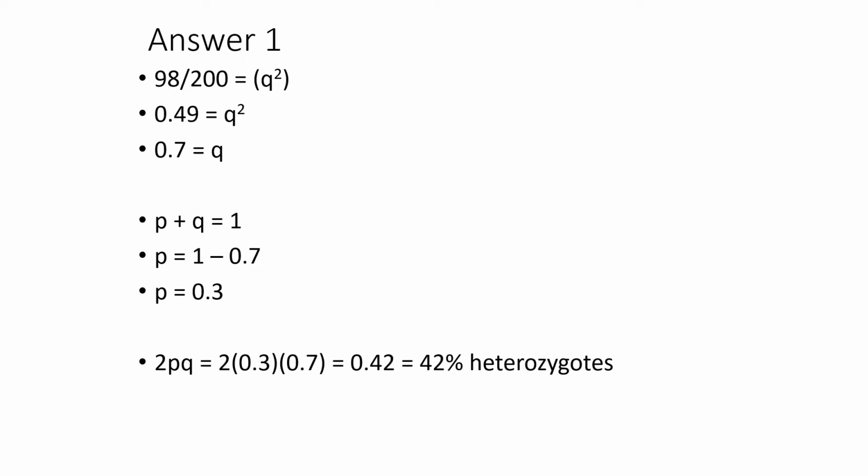We know the equation, and we have to memorize the equation, p plus q equals 1, which lets us work out p. And then when the question says what the percentage of the population is heterozygous, we get 2 times p times q. Then we multiply that by 100 to turn it from a frequency into a percentage. And that gives us 42%.